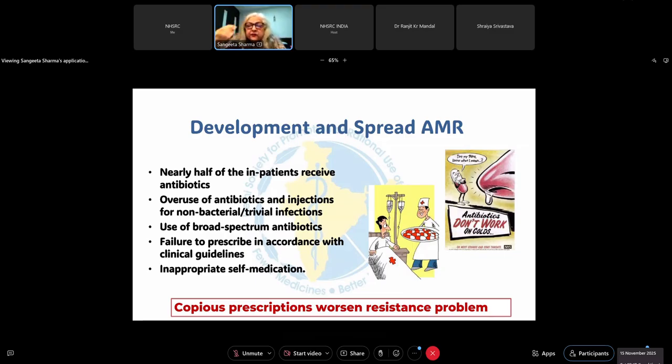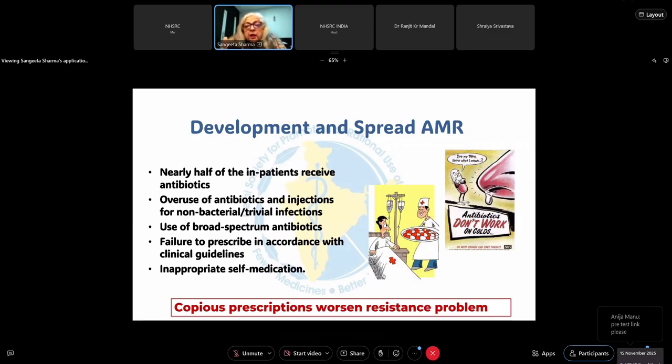It makes it faster. It is increasing the speed of AMR, of resistant bacteria and organisms. This is because if you look at your own practice and others practicing in your region, you will find that 80 to 90% of all outpatient visit patients are receiving antibiotics.